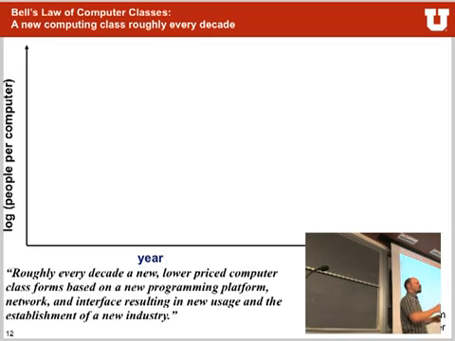Almost. But yeah. Bell's law is that every decade there's a new computing class that's coming up. It's all kind of interlinked, right? It's linked with Moore's law, which says that transistors double every, I forgot how many years. Every 2 years? So that's linked to it, right? So after 10 years, you're so much further ahead with your technology that there really is something new that's coming out, right?